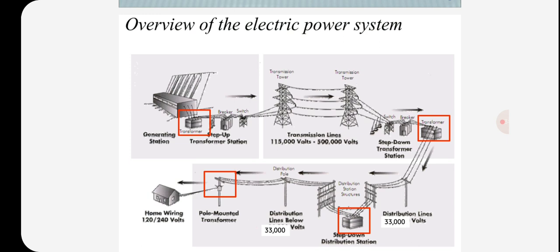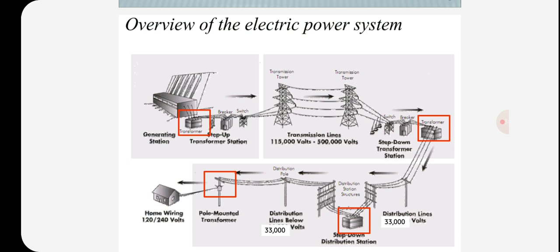Next, after stepping up the voltage, it goes through the transmission lines. The transmission line voltage will be almost up to 5 lakh volts, and that maximum voltage is stepped down in substations.